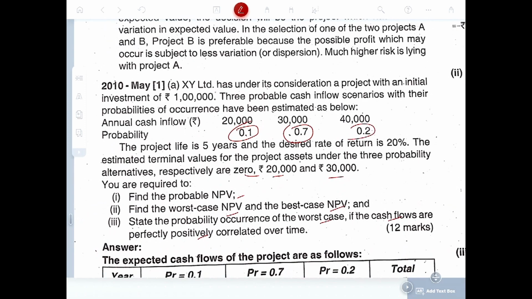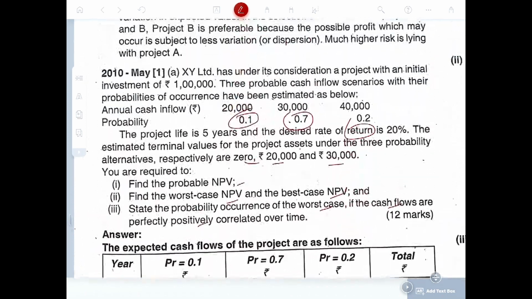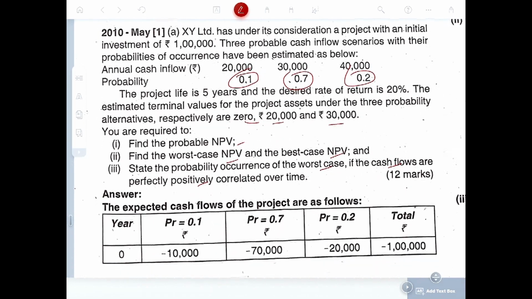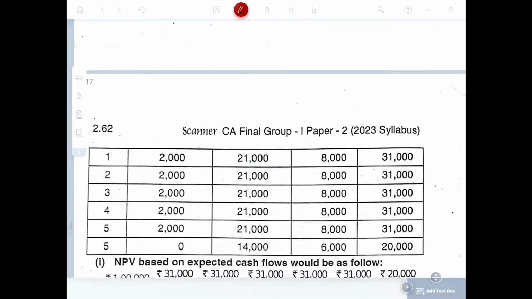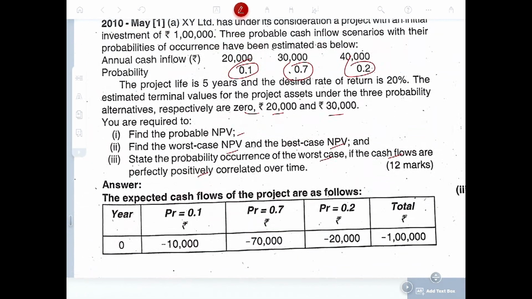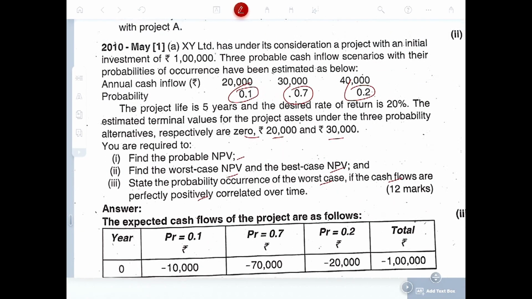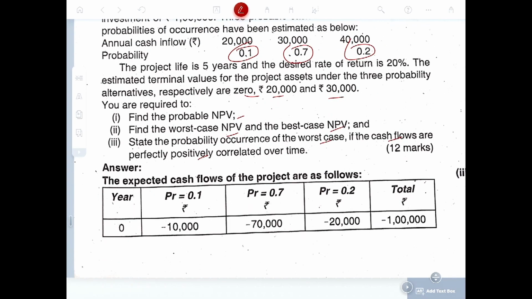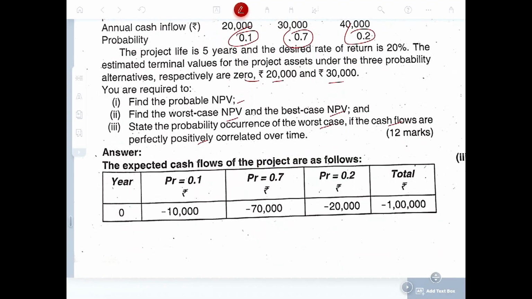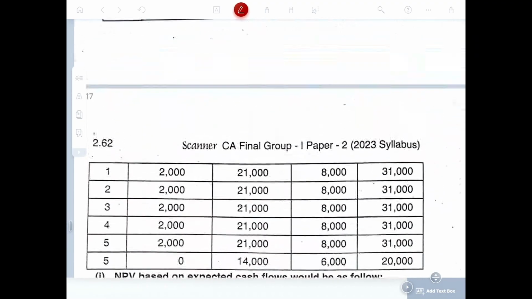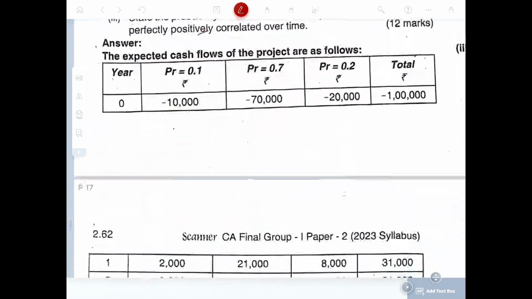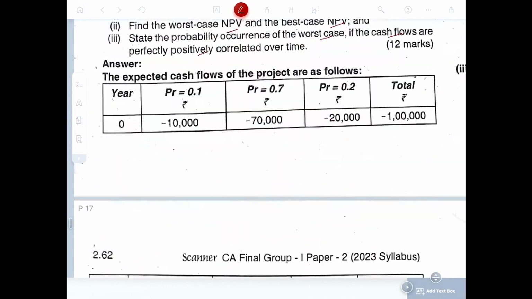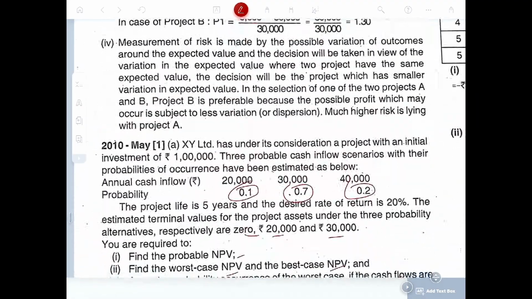The probabilities are 0.1, 0.7, 0.2, and total. In year zero, probability one, the cash is 1 lakh. Then 10,000 and 70,000 make a total of 1 lakh. For probability 0.7 into 30,000 is 21,000, and 0.2 into 40,000 is 8,000.